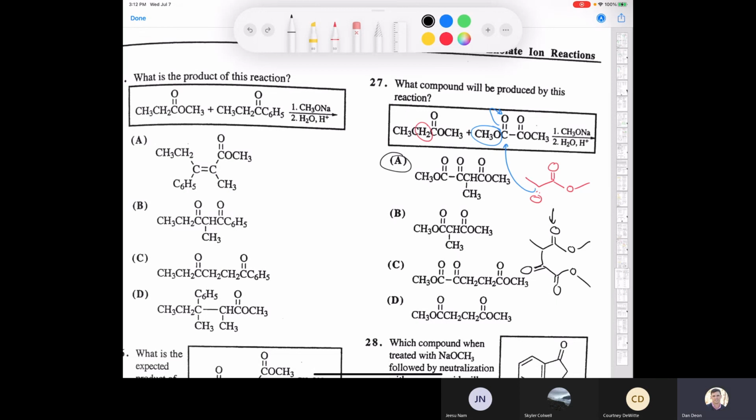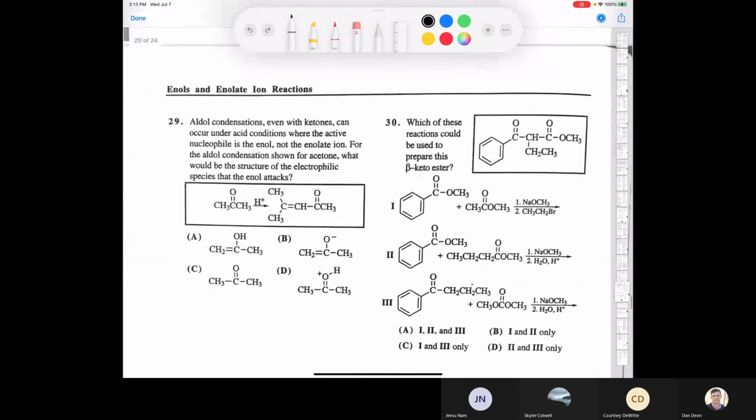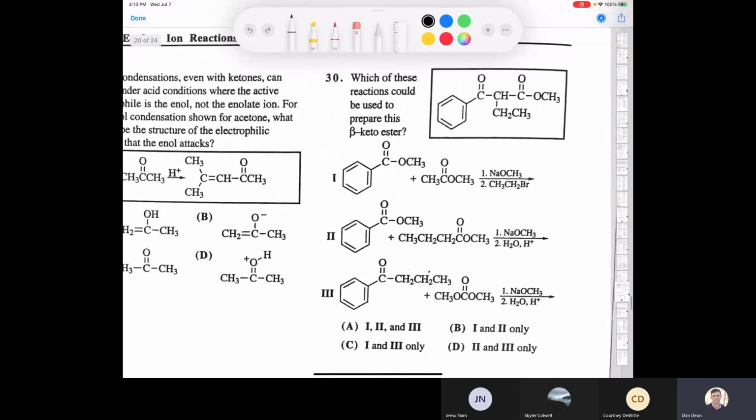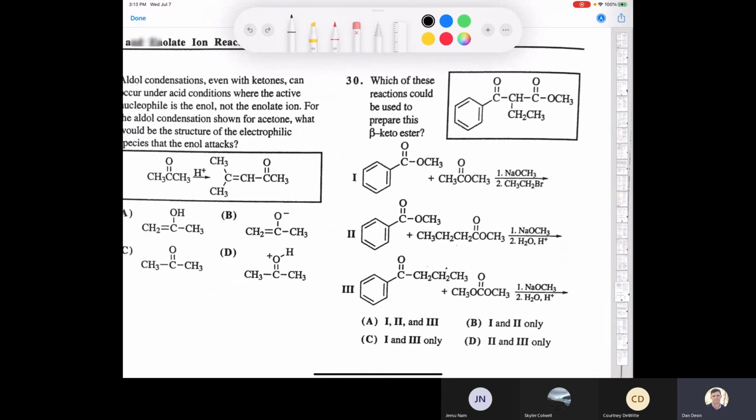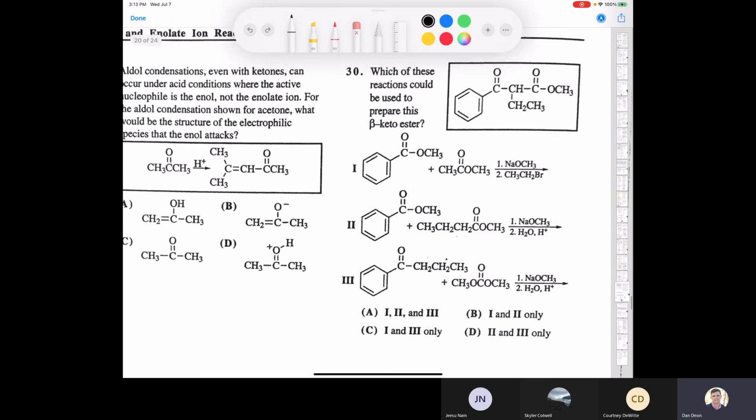Let's try one more from this section. This is question number 30. Which of these reactions could be used to make a beta keto ester? So if we want to make a beta keto ester, in the first one, there's only one enolizable proton, so you'd end up with this enolate, which is going to do a nucleophilic attack here.